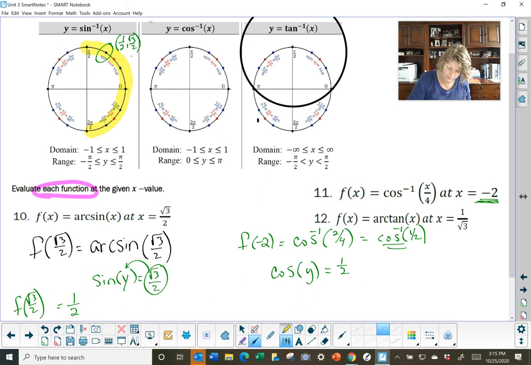For cosine, where do we need to restrict ourselves? Right along here. So is there one spot where the output value is 1/2? Yes, there is, right here. 1/2, comma root 3 over 2, the one we just finished using, connects with the angle value of pi over 3. So y equals pi over 3. Just getting you familiar with how to look up those values.